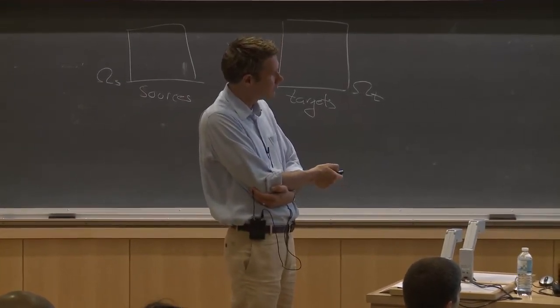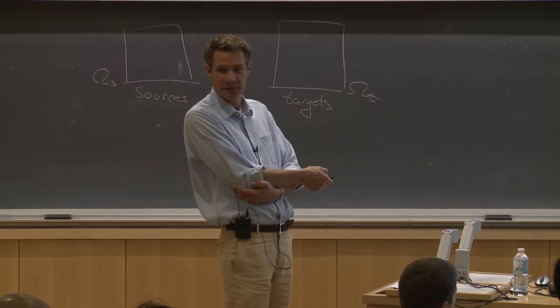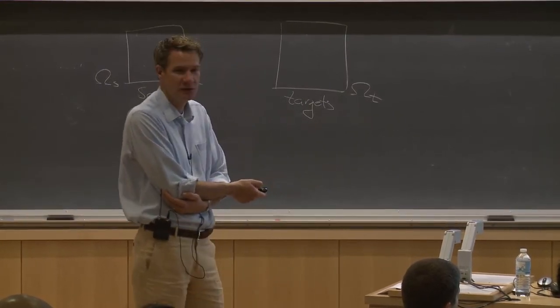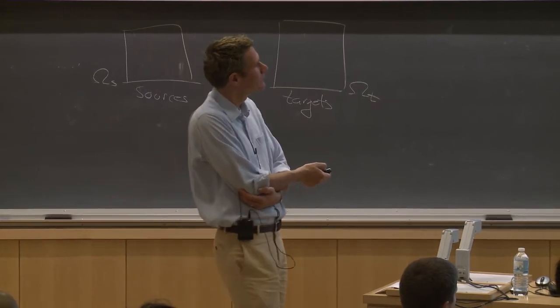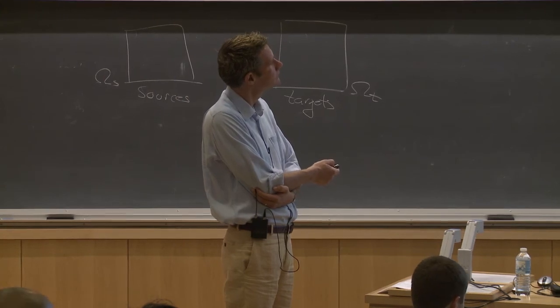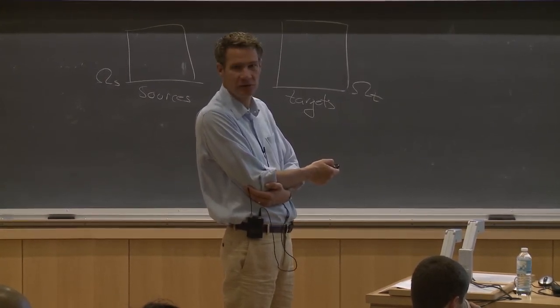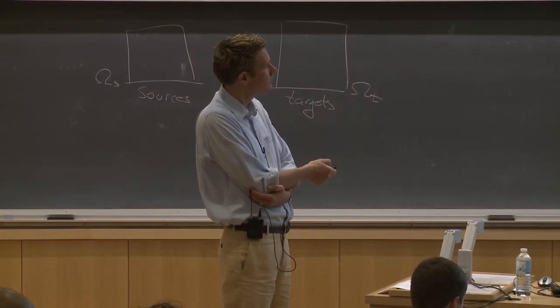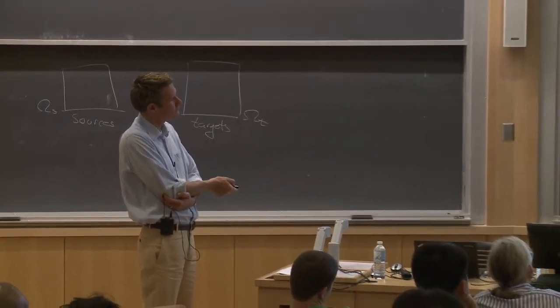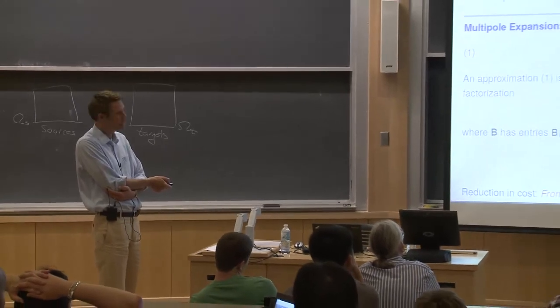Right. So once you have a separation of variables, as we touched upon yesterday, this really corresponds to a matrix factorization in many ways. So evaluating A times q, where q here is the vector of source strengths. We're multiplying it by the matrix A to get the vector of potentials f.